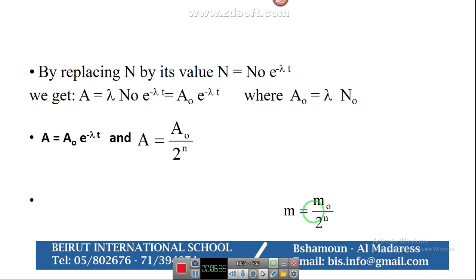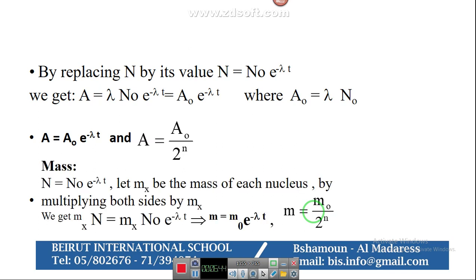Also we can say that A0 equal lambda N0. Also, similar to N equal N0 over 2 to power n, we can say that A equal A0 over 2 to power n, where A0 is the initial activity and A is the remaining activity.